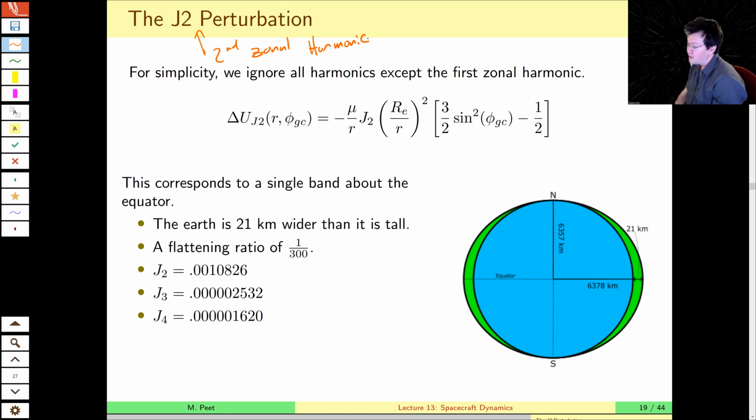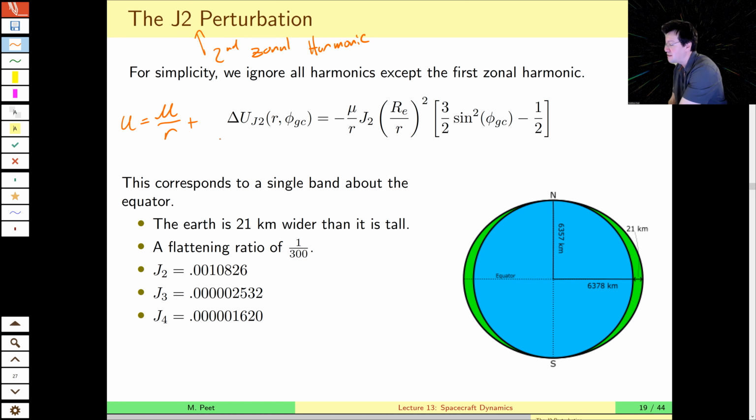And of course, the first zonal harmonic is mu over r. So the potential is mu over r plus delta mu. Or sorry, not mu, but the potential U. Oh wait, hold on, no, that is mu. Sorry. So the potential right here is a combination of the nominal potential and the perturbation, which is this term right here.